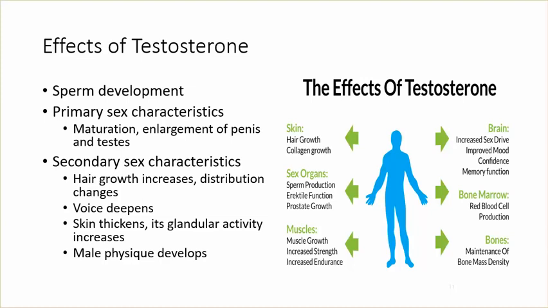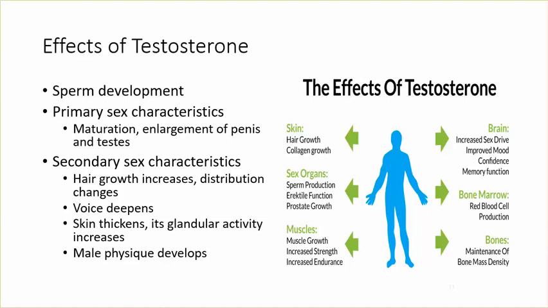This happens at puberty. This massive amount of testosterone that happens at puberty also causes hair growth and hair distribution changes. It causes the larynx to get bigger, and so the voice deepens.